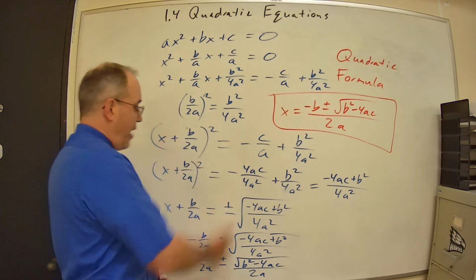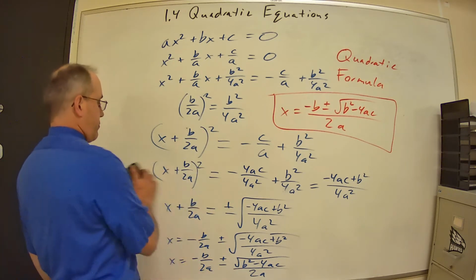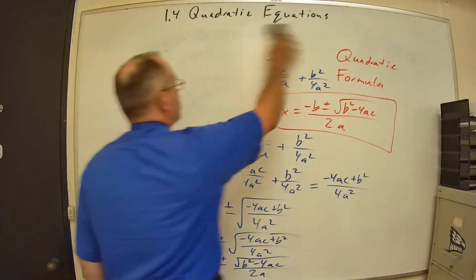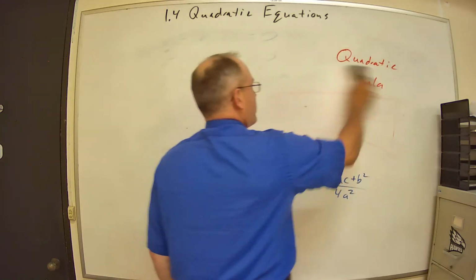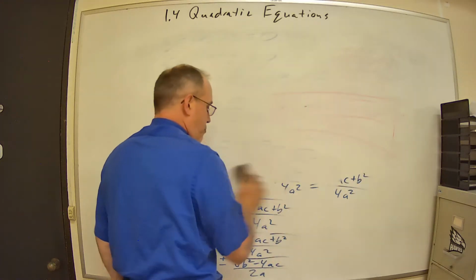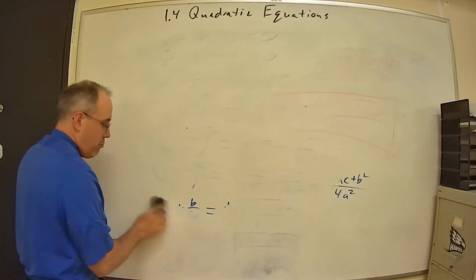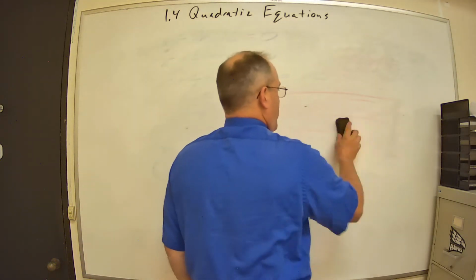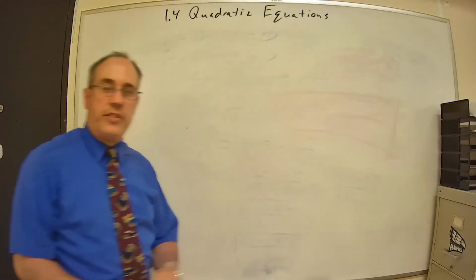So now that we've done this, we can use the quadratic formula to solve quadratic equations. And as many of you may attest, the quadratic formula may make solving quadratic equations much simpler than any of these other methods, especially if you have a complicated quadratic equation that you're dealing with.